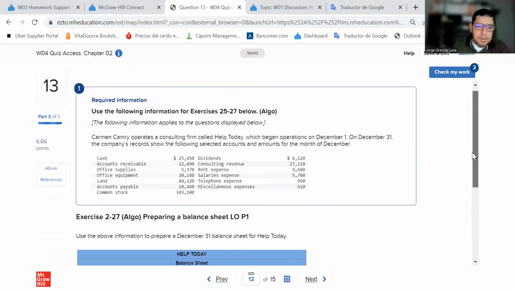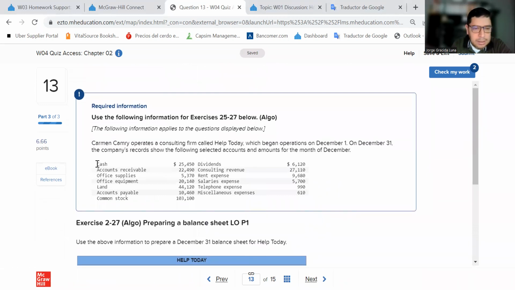So we know that here we can see cash, accounts receivable, office supplies, office equipment, and land are assets. Next, accounts payable, for example, is a liability. Common stock is an equity account. Dividends, we used this account in the last financial statement.